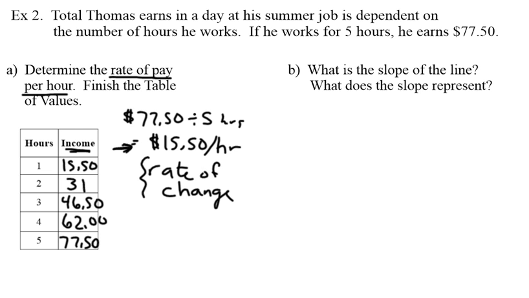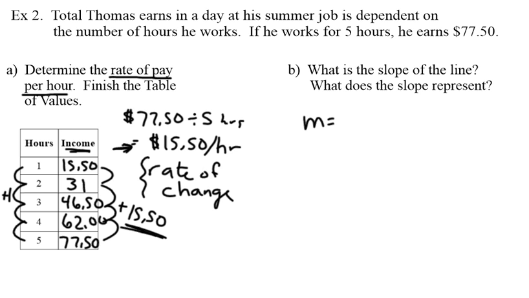But this is because every time the hour goes up by 1, what do we see? His income goes up by $15.50. So there's the rate of change. Because what's the slope of the line? Slope is rise, change in y, over run, change in your x. Well, if I look at the chart that I just did, what's the change in my y?